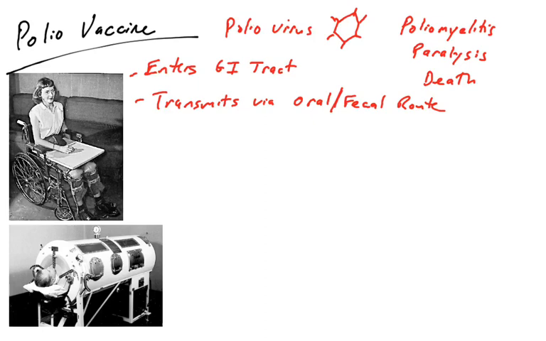But in a small percentage of individuals, the virus leaves the GI tract, infects the nervous system, and damages motor neurons. Damaging motor neurons would lead to an impaired ability to contract and relax muscles. So it causes a type of paralysis that could possibly lead to death or permanent injury to motor neurons.